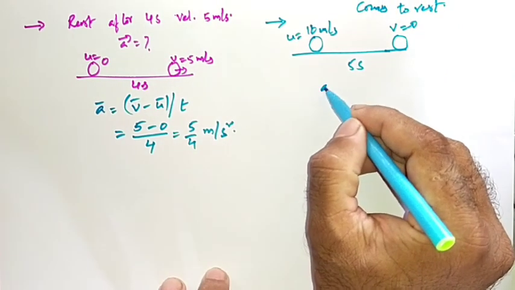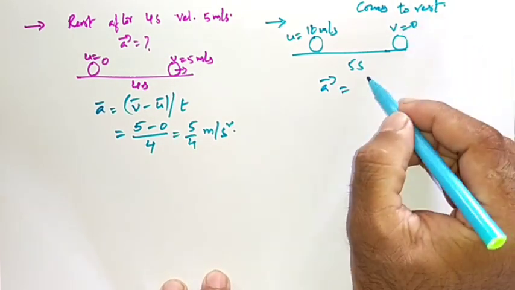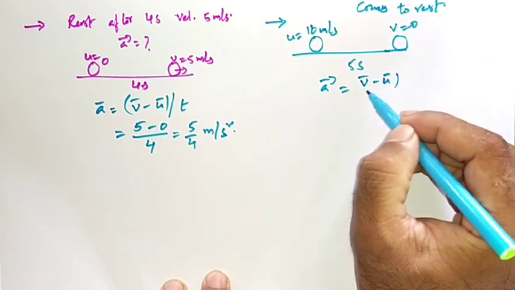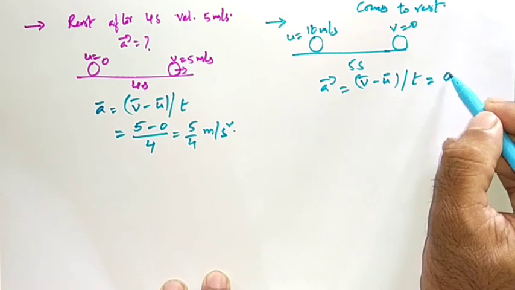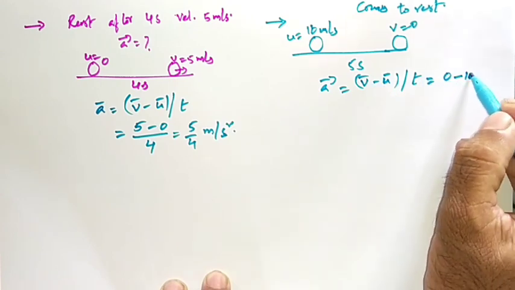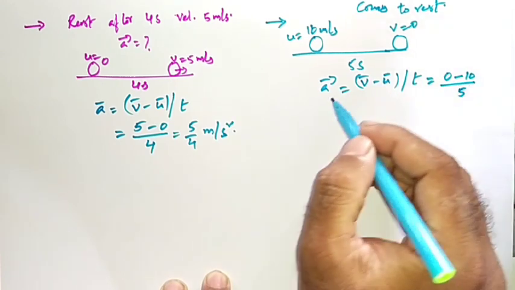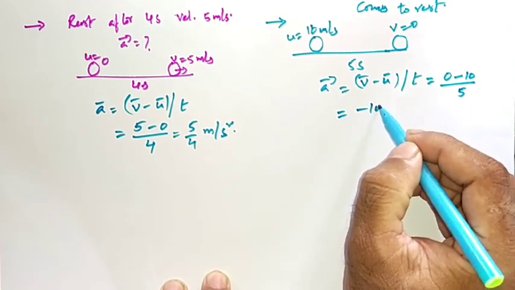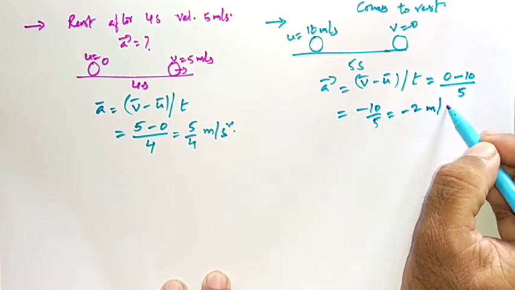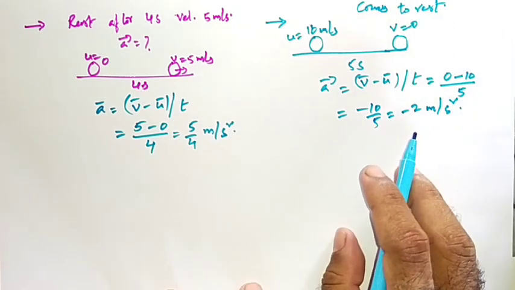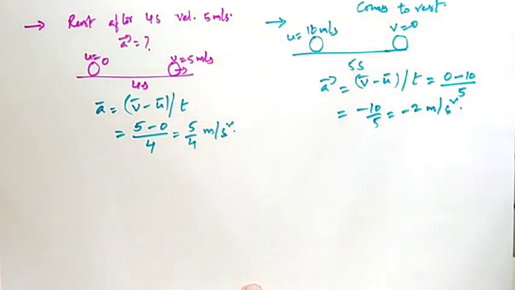In this case what is the acceleration? v minus u divided by time. Here v is 0, minus u 10, divided by 5. What is this? Minus 10 by 5, which is minus 2 meter per second square. See here, you got acceleration value negative.